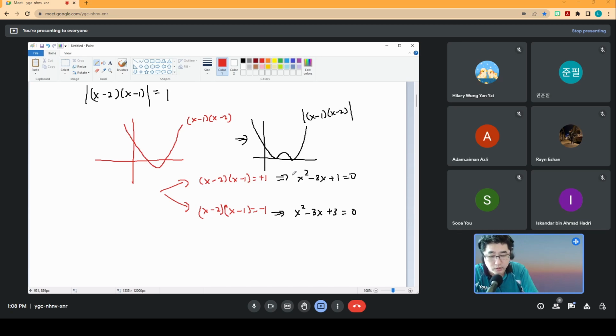If I press the calculator, polynomial 2, 1 equal minus 3 equal 1 equal, I have 2.62 and 0.382. If I solve for the second one, 1 equal minus 3 equal 3 equal, I have a complex number, so this one has no real roots.